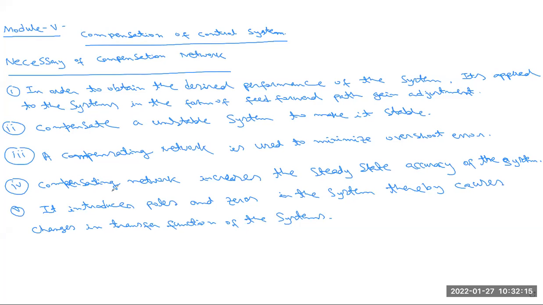Number four, it increases the steady state accuracy of the given system. Number five, it introduces poles and zeros, thereby causing changes in the transfer function of the system. Is it clear, all of you? Yes, sir.